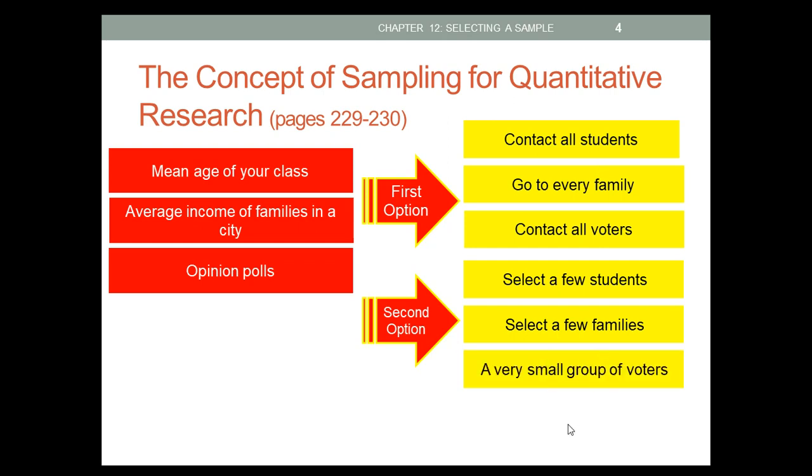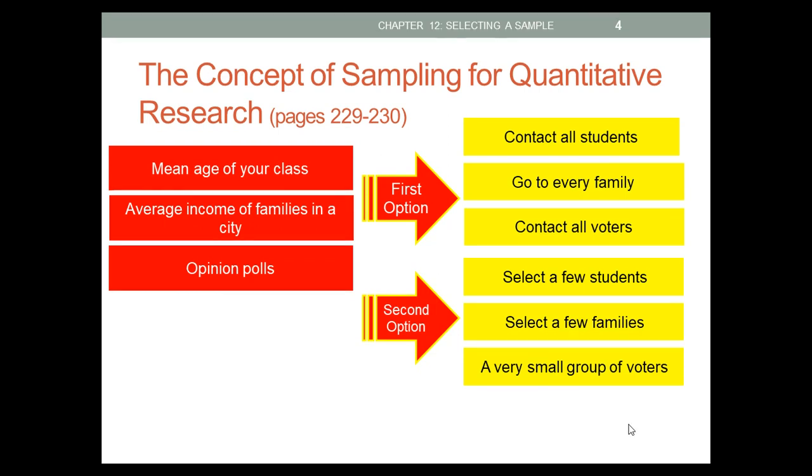Also, in the third example, you can talk to a very small group of voters, and you can predict the election outcome.